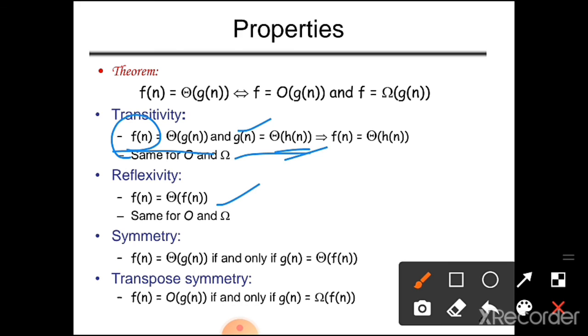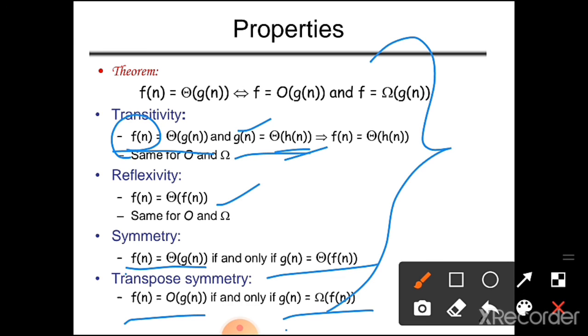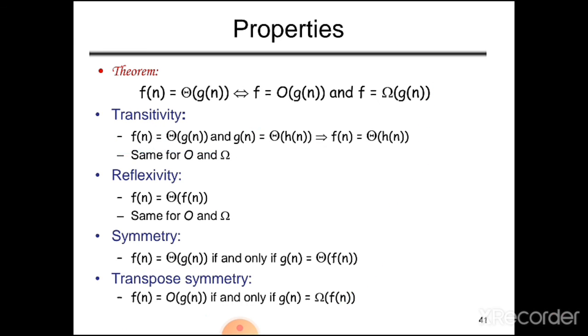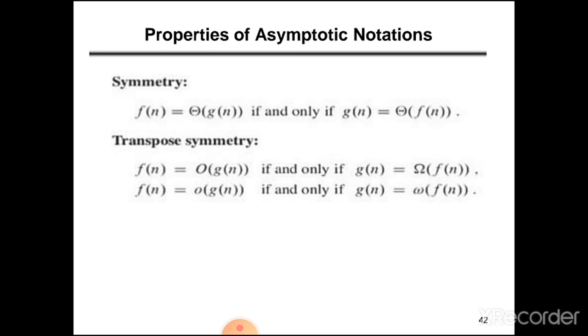Symmetry is f of n is equal to theta of g of n if and only if g of n is equal to theta of f of n. Transpose symmetry is f of n is equal to big O of g of n if and only if g of n is equal to omega of f of n. These are some asymptotic properties represented here.